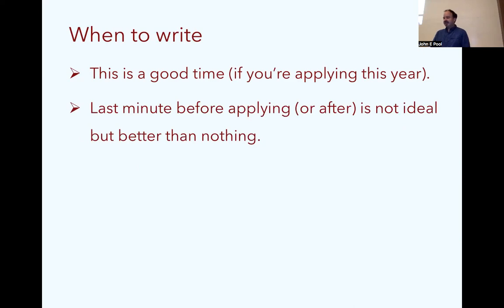I guess writing in October does come across better than writing on November 30th or something, the day before you have to apply to the program, or writing after the deadline. Still maybe better to be in touch, but it doesn't give quite the same impression in terms of having your stuff together, versus writing some weeks ahead of the deadline.